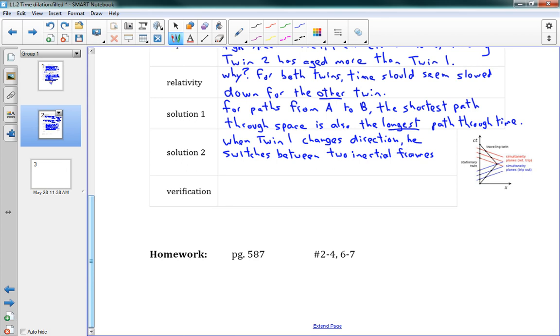Two different inertial frames that line up differently with twin 2.